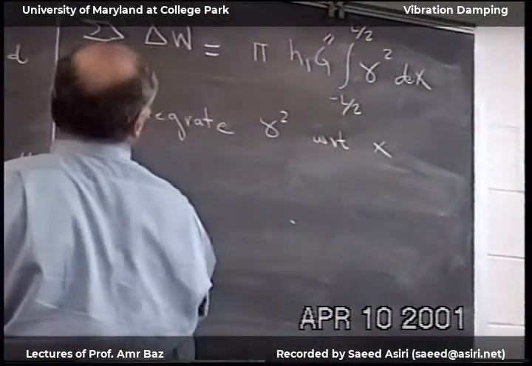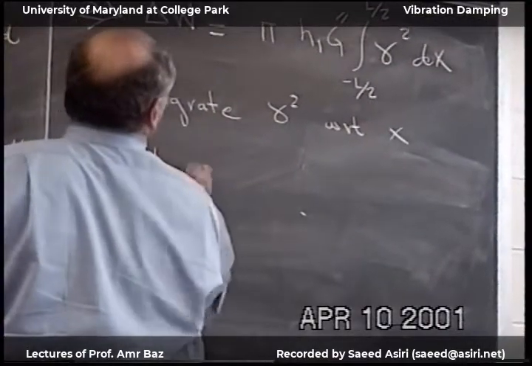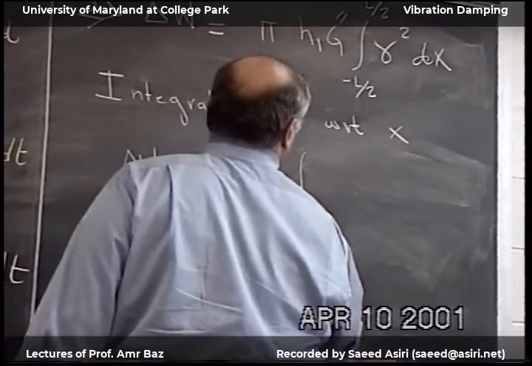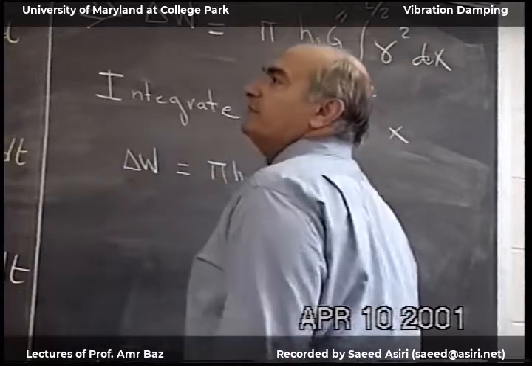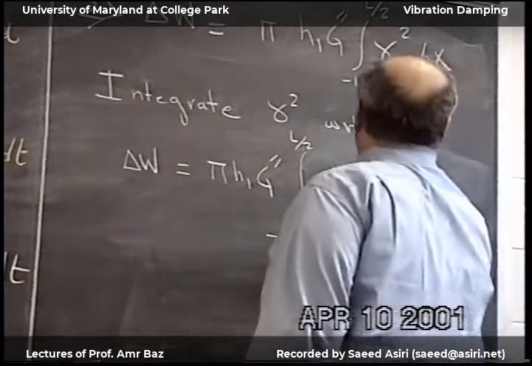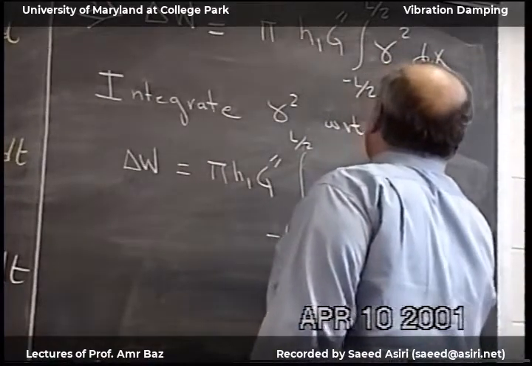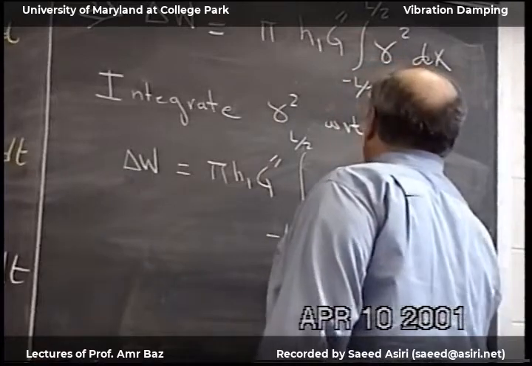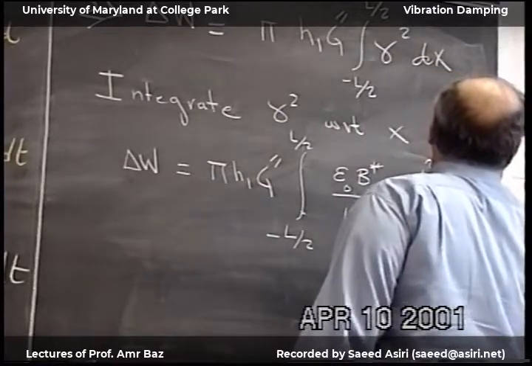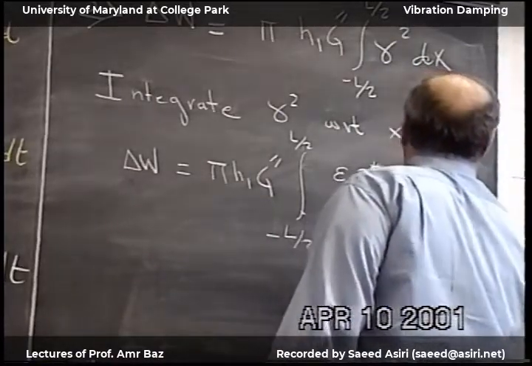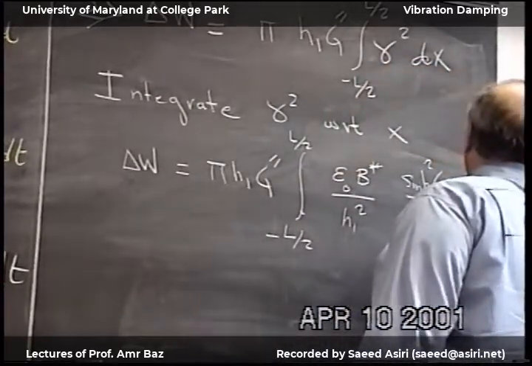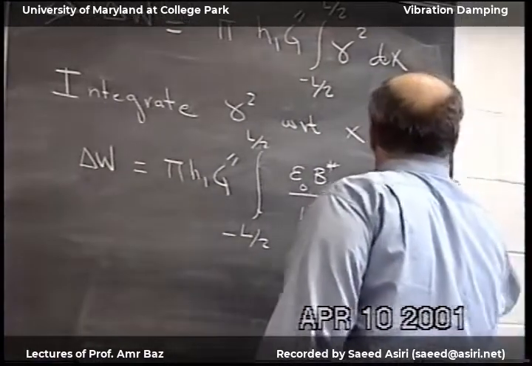And del W will equal to pi h1 g double prime, and the integral will be from minus L over 2, and the minus will disappear now, and we'll have epsilon b star h1 squared sinh squared x over b asterisk divided by cosine squared L over 2 b asterisk and dx.